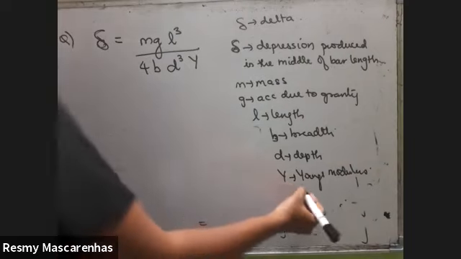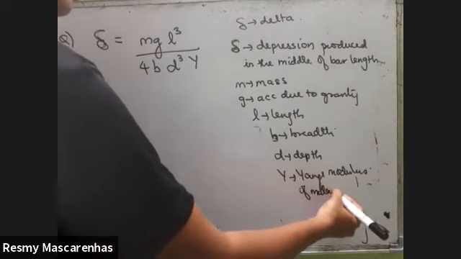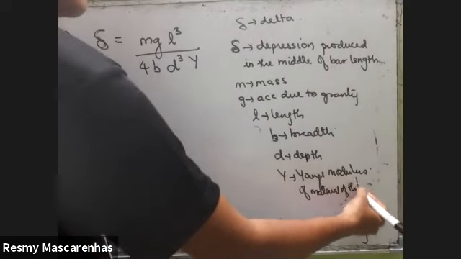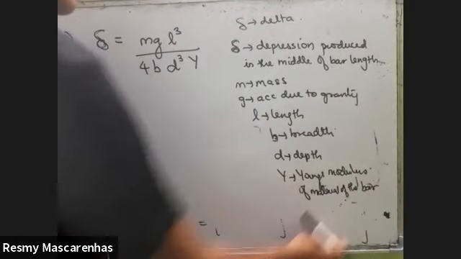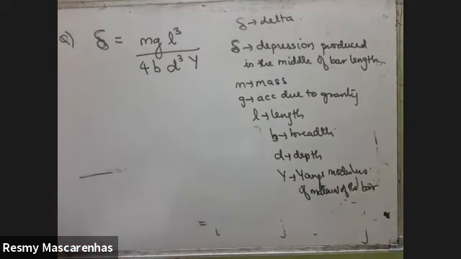Young's modulus of material of the bar. This bar is not the drinking bar. The bar will be something like a sponge bar, like a block. Okay, a rectangular block. So that would be like a bar. So these are the dimensions given to you.